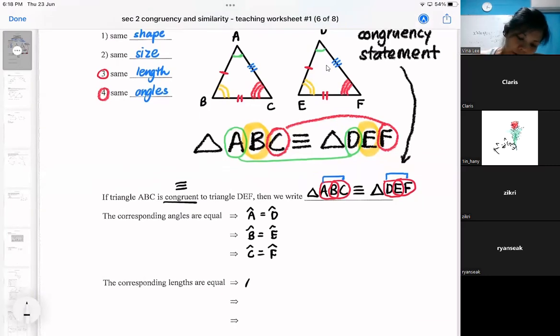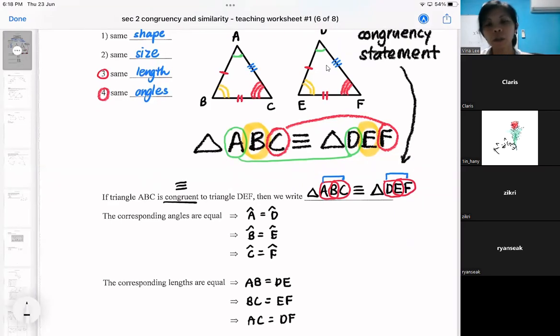For the length, just now we also did some matching. It's actually very easy to match. I usually rely on the congruency statement to match the length, and if you match correctly, it will be quite easy.